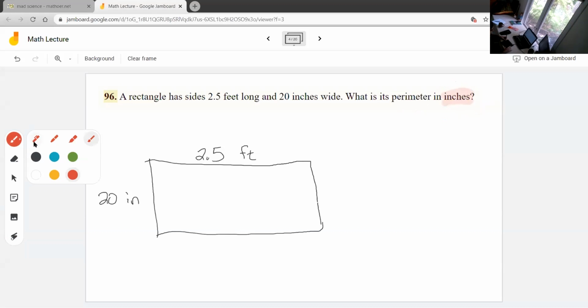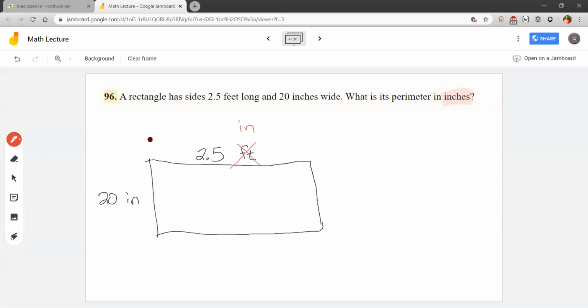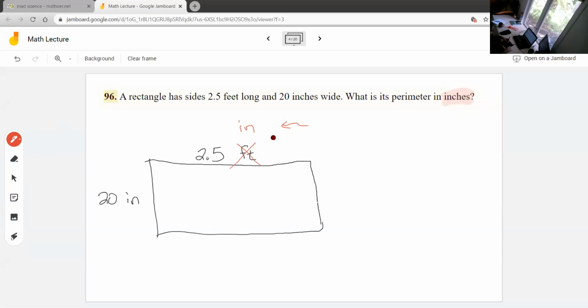So let's take this feet and get rid of it. How many inches is 2.5 feet? 30? Yeah, each foot is 12 inches. So we'd have 12 inches plus 12 inches plus, and half a foot is 6 inches.